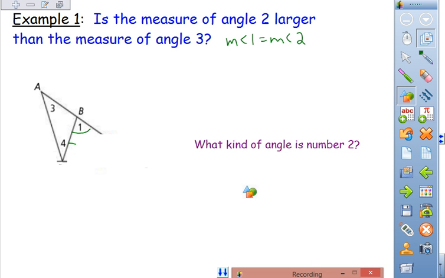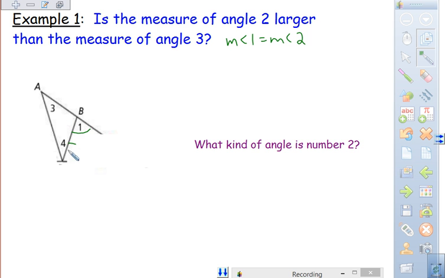Then if I focus in on this part of the picture, I covered up a bunch of that stuff, then I notice that angle 1 is an exterior angle and angle 3 and 4 are remote interior. So then what I know is that the measure of that exterior angle has to be greater than the measure of angle 3, and it has to be greater than the measure of angle 4.